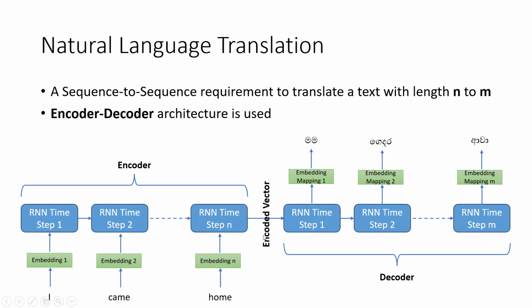And in this case, we want to use natural language translation with a deep neural network. So we have used this sequence of recurrent neural networks, and we have given the input in the English language and received the encoded vector like this.